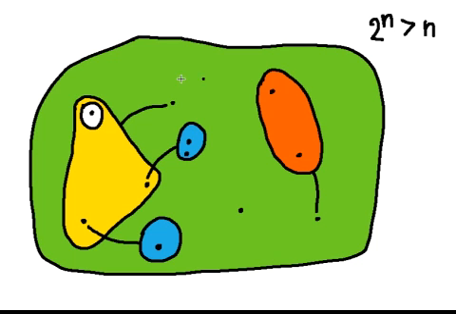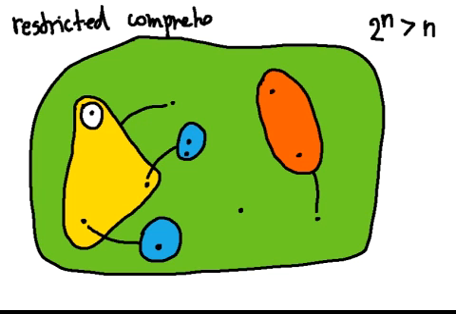Now, the axiom of restricted comprehension tells us that if a certain collection forms a set, then its sub-collection must also form a set. But this must be a sub-collection defined by a certain formula.